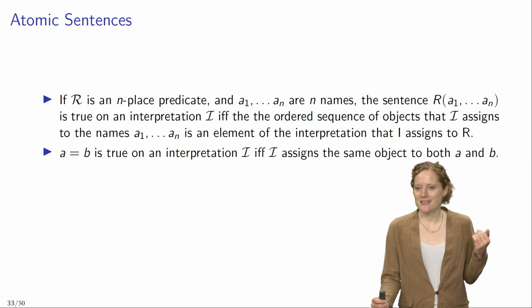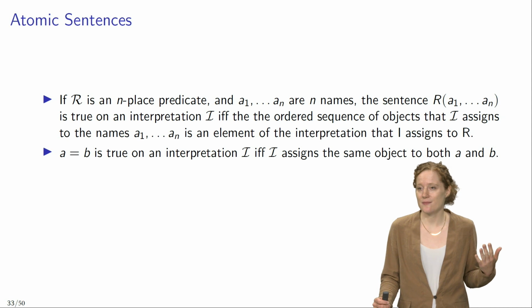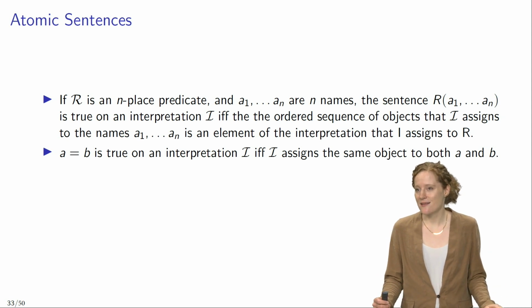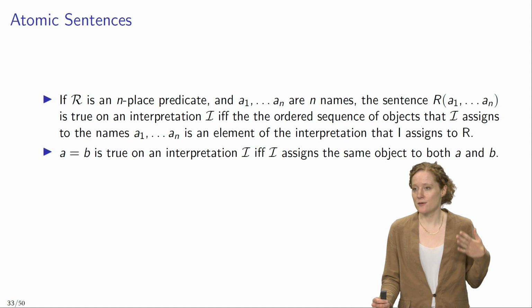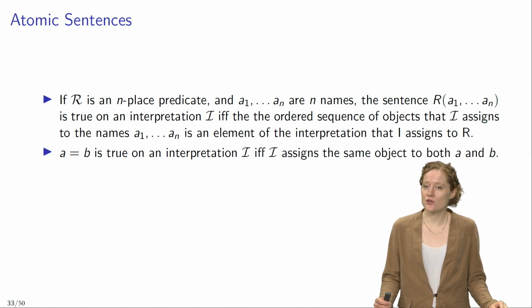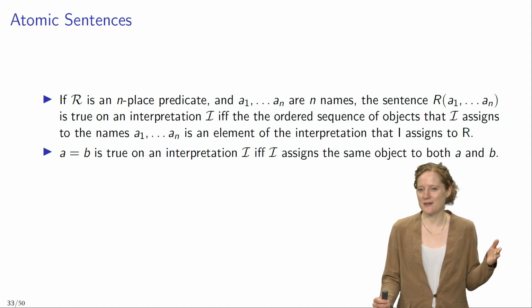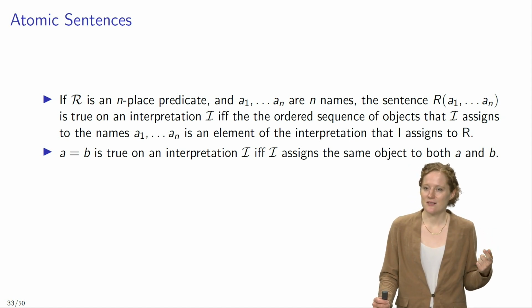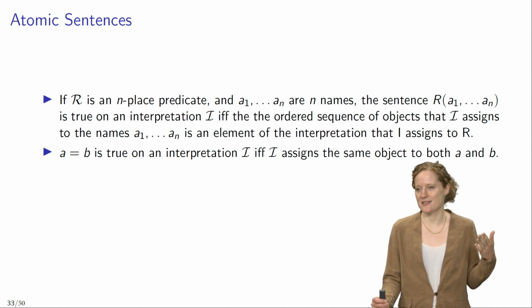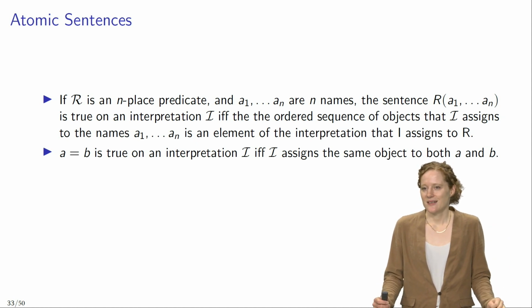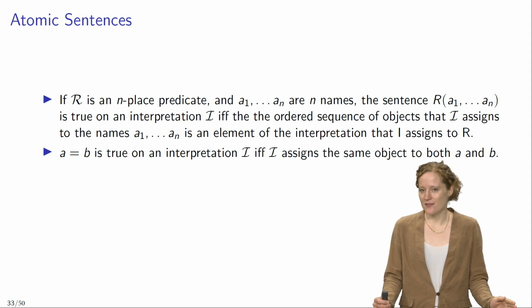Suppose that R is an n-place predicate and A1 to AN are n names. Then the sentence that results from combining R with these n names is true on an interpretation I if and only if the ordered sequence of objects that this interpretation assigns to the names A1 to AN is an element of the interpretation that I assigns to R. Now, as a special case of this, let's think about the identity sign.